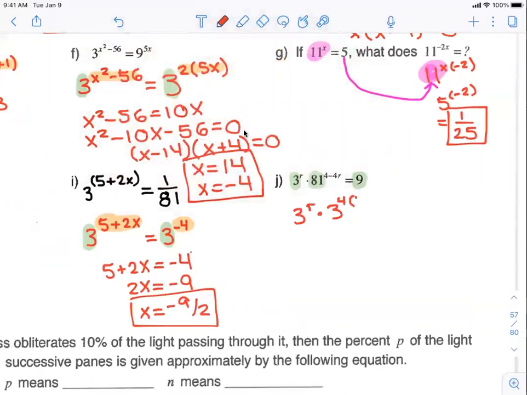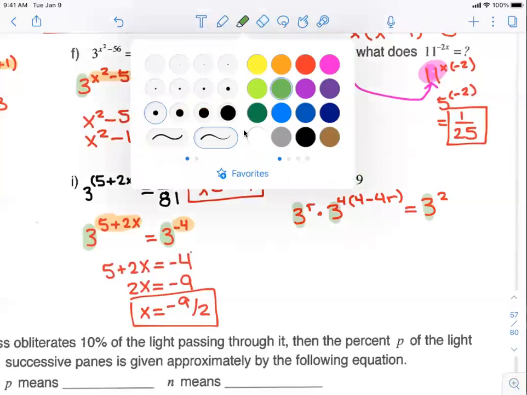And then I'm going to put in parentheses 4 minus 4r equals, and 9 is the same thing as saying 3 squared. Now remember your exponent rules. When you multiply, you add exponents. So because these bases are all the same now, we've got them all in 3s, now we can go ahead and add our exponents on the left side.